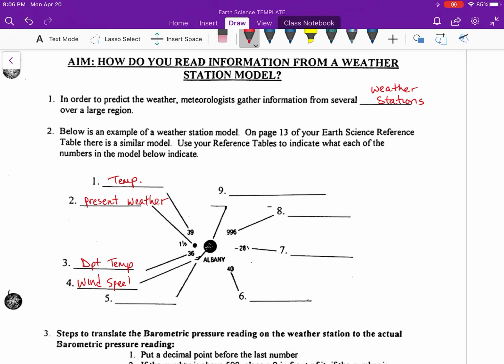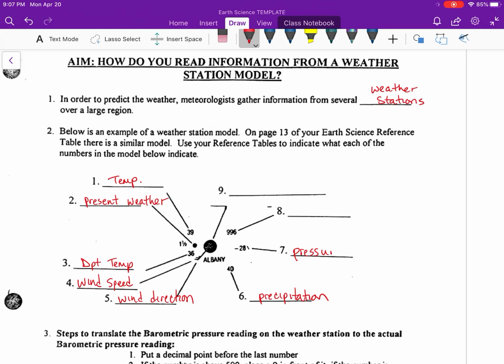That's giving you wind speed. 5 is pointing at the flag pole, it's giving you wind direction. Okay? 6, bottom right, precipitation, how much has fallen.